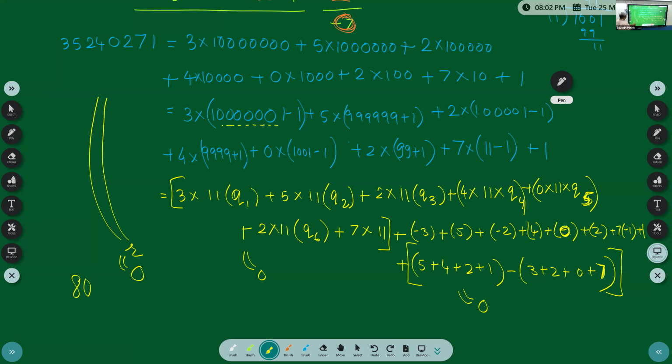The difference will be either 0 or a multiple of 11. If the difference is 0 or is a multiple of 11, then the number is divisible by 11.